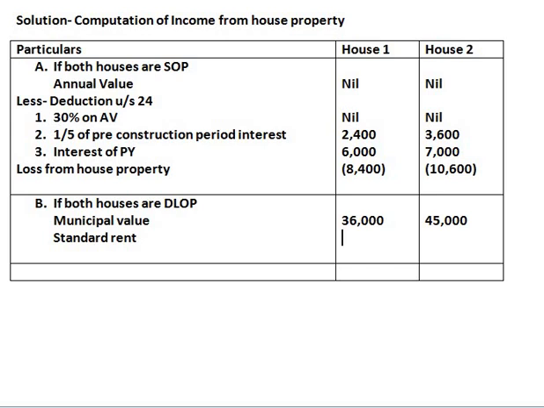And the standard rent for house property 1 is 35,000, house property 2, the standard rent is 47,000. Now municipal value or standard rent, whichever is less. So this itself becomes our step 1, that is municipal value or standard rent, whichever is less.